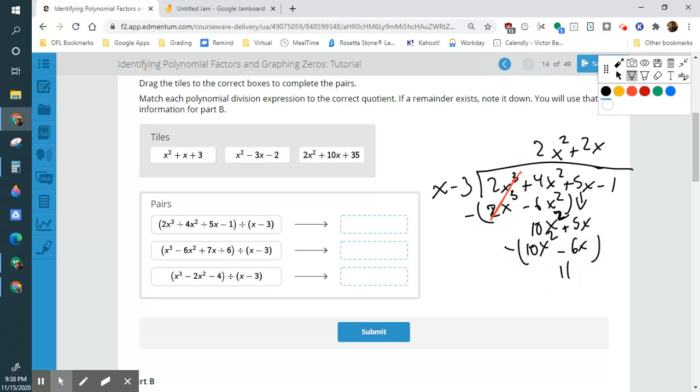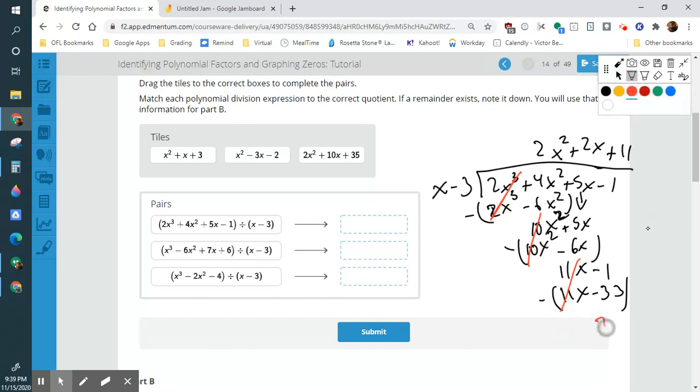This becomes 11x because a negative and a negative makes a positive. So it becomes 11 minus 1. So this has to be plus 11. So we get 11x minus 3, or minus 33, sorry. Minus 33. Distribute that. Again, this cancels out, and that becomes a positive.